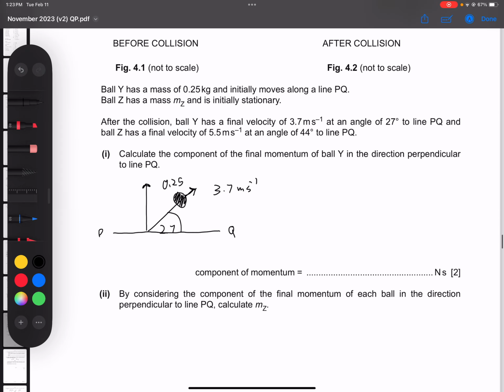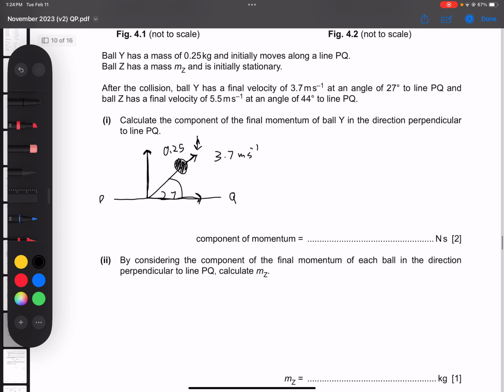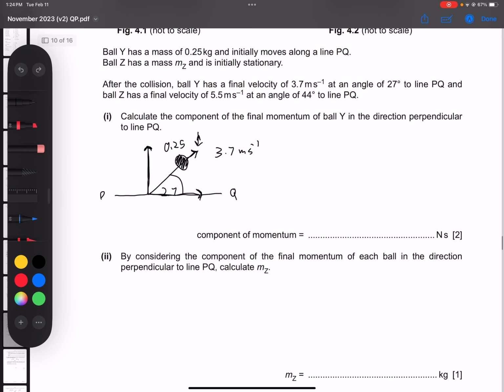So a conceptual way of explaining this would be this component and this component give you a component of this 27 degrees about the horizontal component. So this is like a product of these two, okay? And they want us to find this.